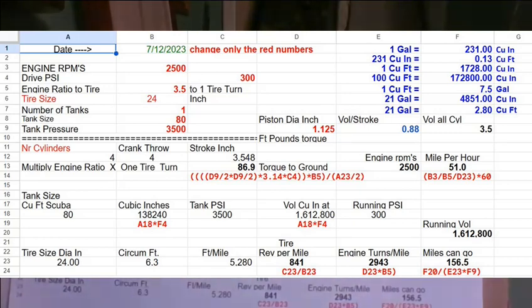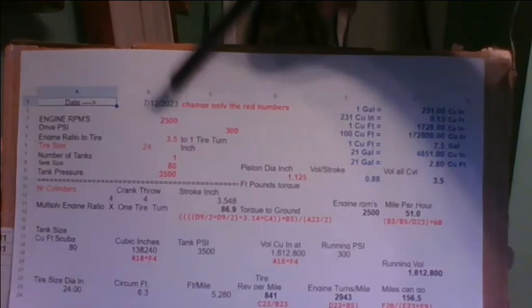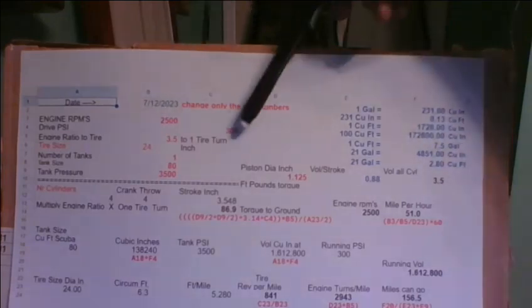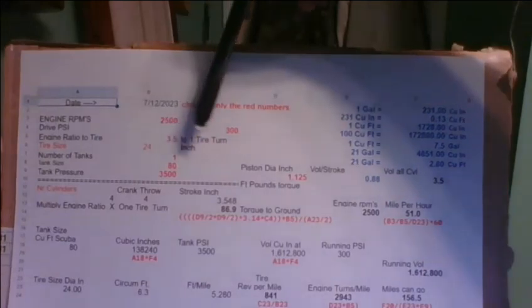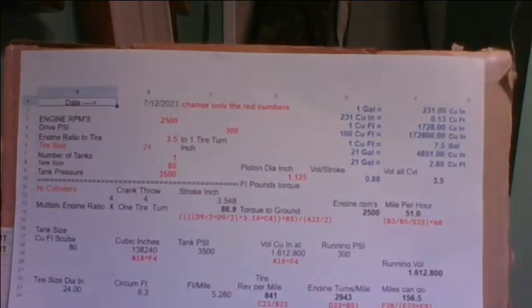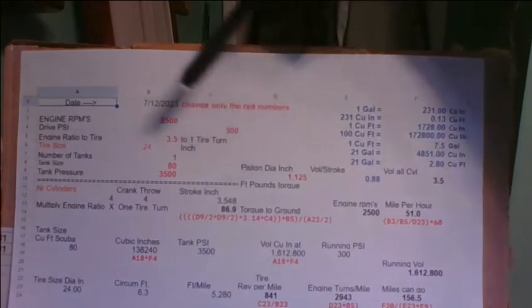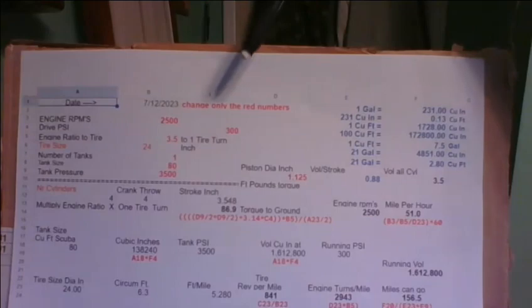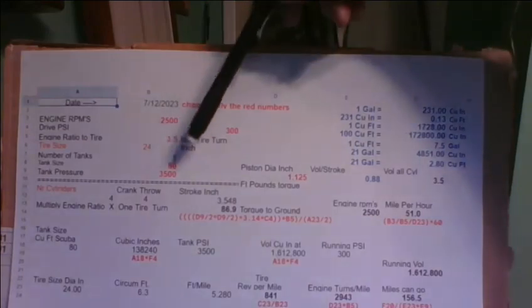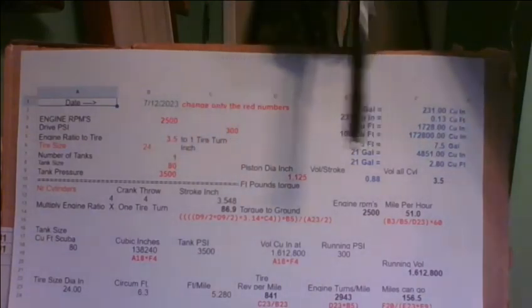Now I'm basing all these calculations on the engine running at 2500 RPM at 300 psi, and the engine turns 3.5 times to one tire rotation. The tire is 24 inches tall, and I have one tank that I'm using.